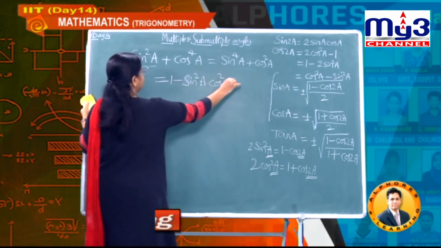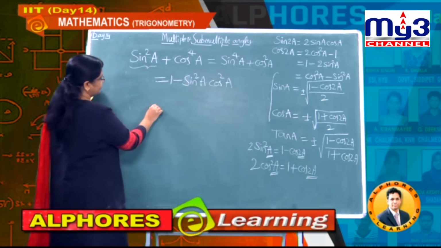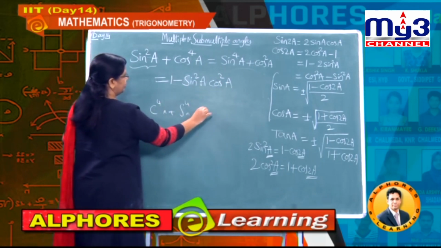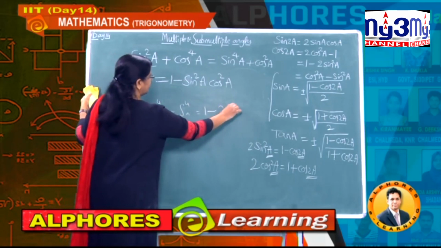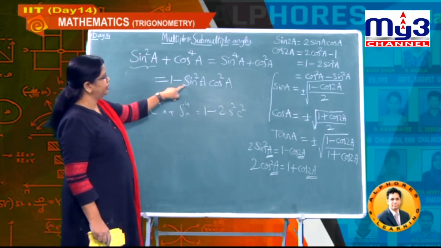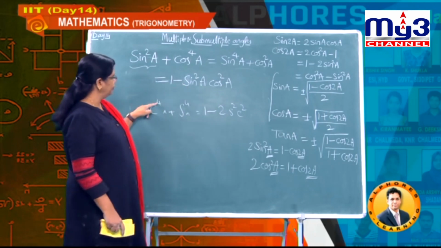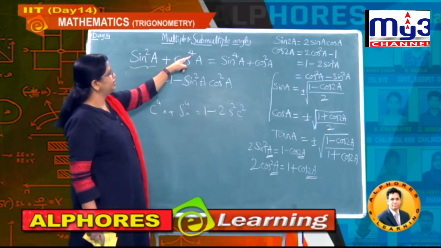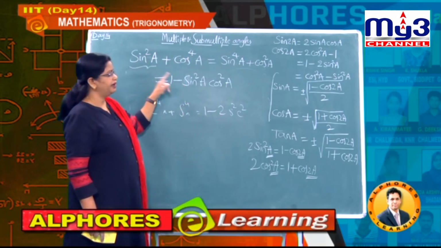So what is the difference? Earlier you proved cos to the power of 4A plus sin to the power of 4A. What is our formula? 1 minus 2 sin square A cos square A, okay. Here the same value, but you do not have the number 2. Both are 4, here you got 2, whereas here one is 2, one is 4, you are not getting the 2 value here.